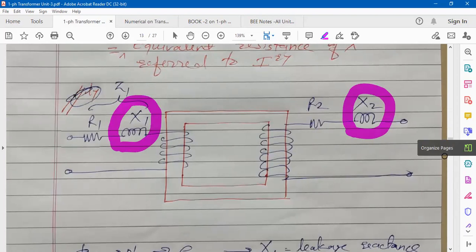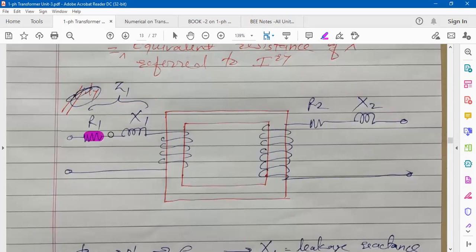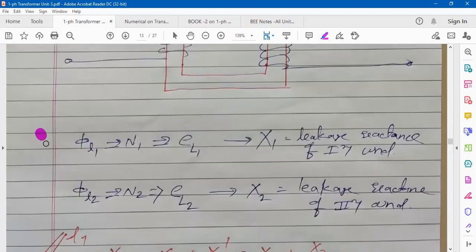So Z1 you can call as R1 plus jXL1, and Z2 will be R2 plus jXL2. Rather than XL1, XL2, you can use X1 and X2. So here I have written, see, leakage flux comes in contact with N1 number of turns, inducing EMF.